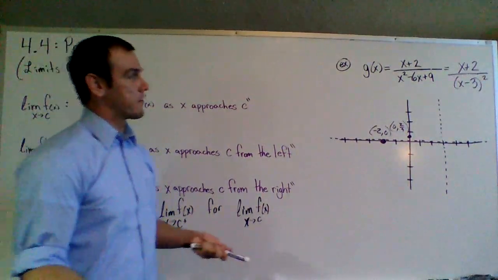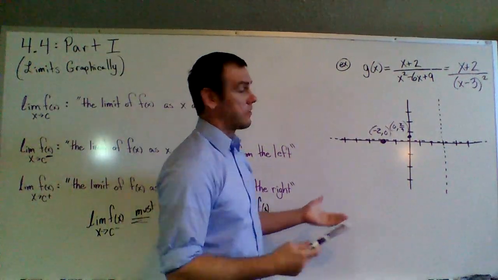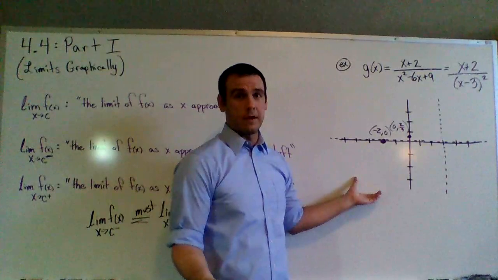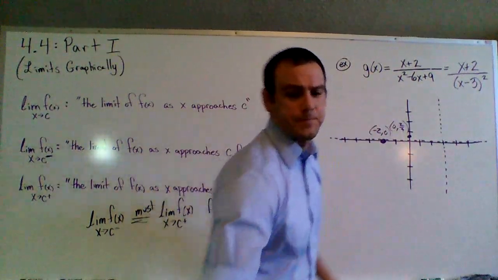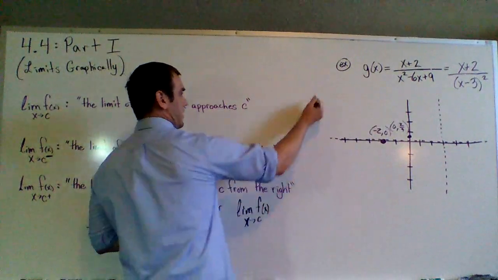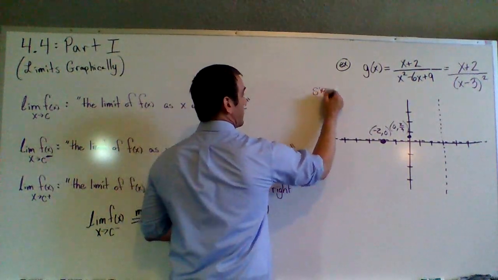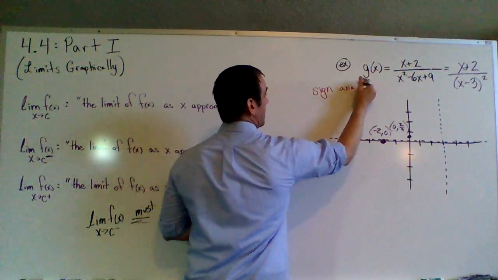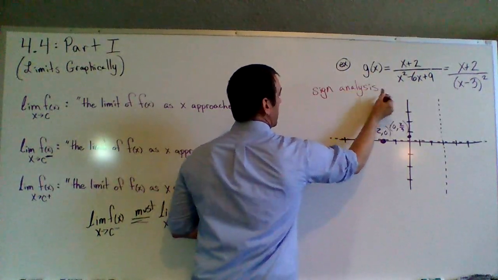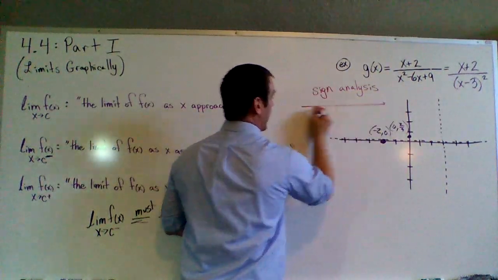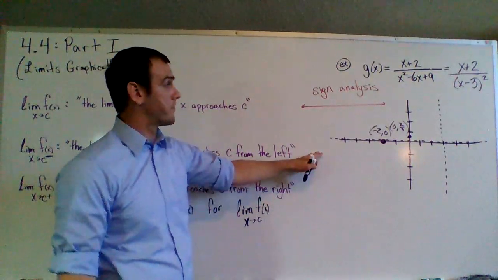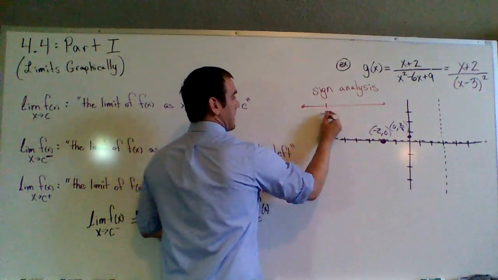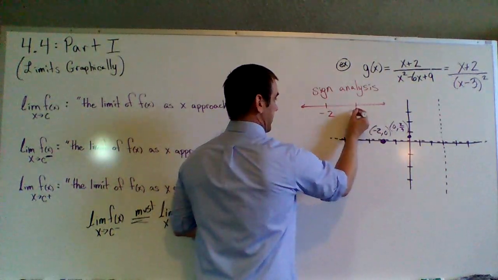As far as graphing this goes, you could do sign analysis. Let's just do that for a little extra practice. Really, the values that we care about are the x-intercepts and vertical asymptotes, so we've got negative 2 and positive 3.